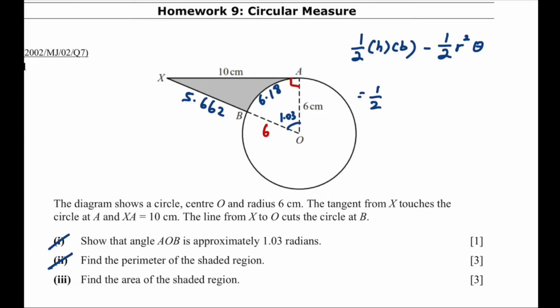So the height of the triangle will be 6, the base is 10, radius of a circle 6 as well, and theta 1.03. Quite straightforward, right? That gives 11.46 cm squared. That will be the answer for question 1.